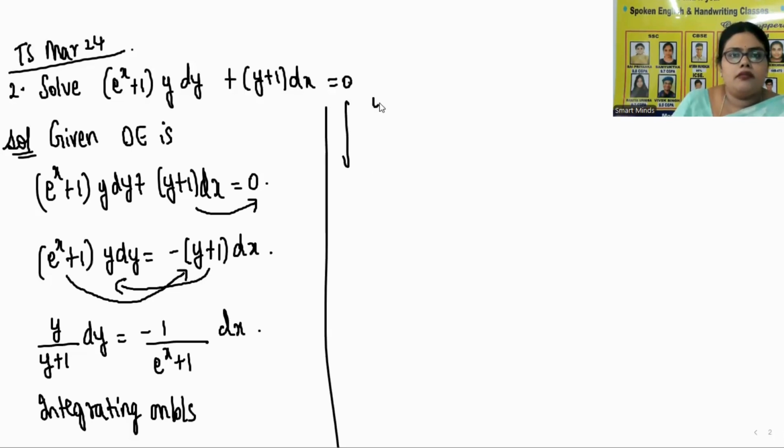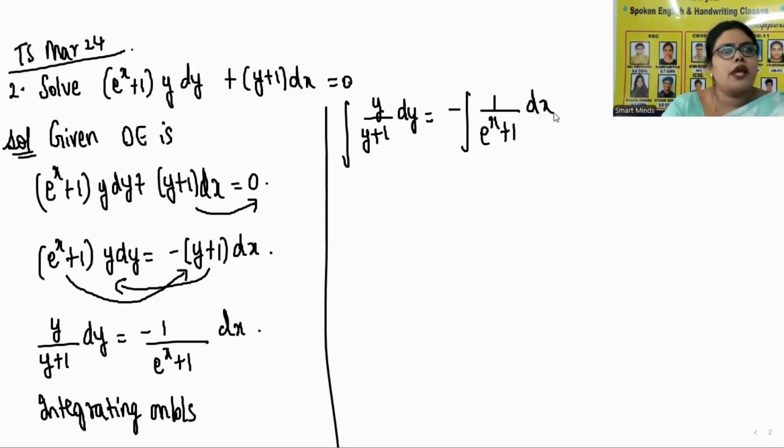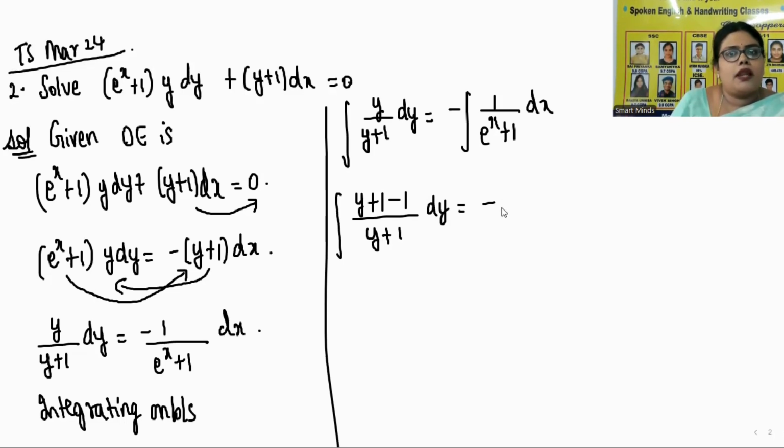So integral y by y plus 1 dy is equal to minus integral 1 by e power x plus 1 dx. Now there is no direct formula for integral y by y plus 1 or 1 by e power x plus 1. So on the left hand side, I will add and subtract 1, and on the right hand side, I will add and subtract e power x.